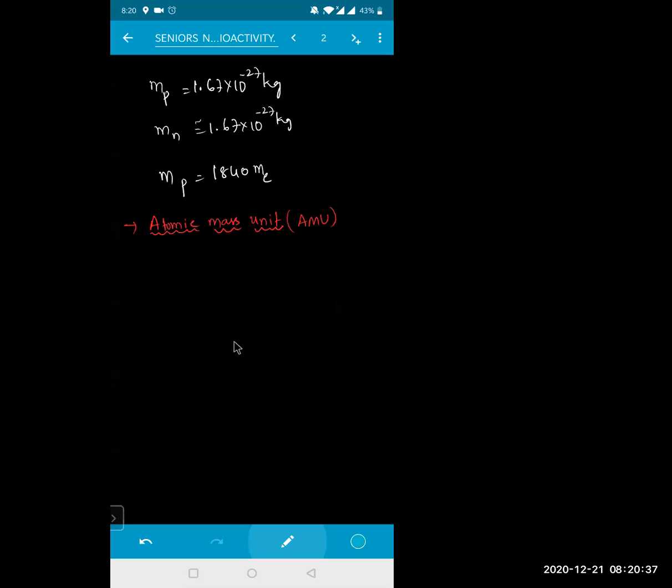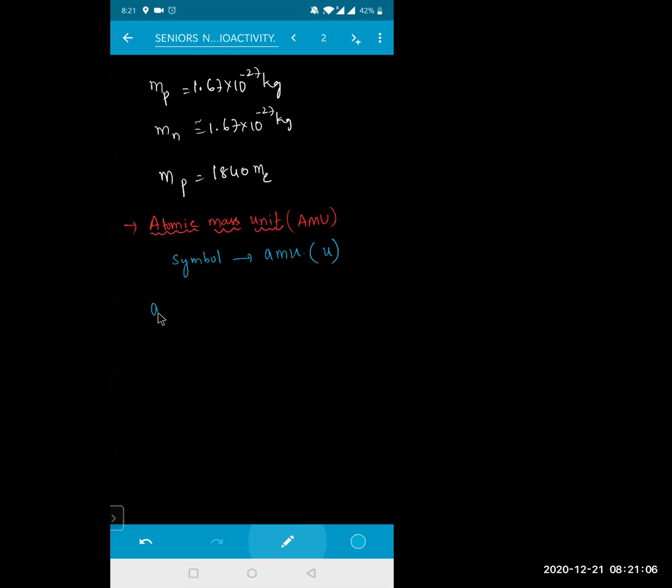So I can write that point here. The symbol for AMU is small u.